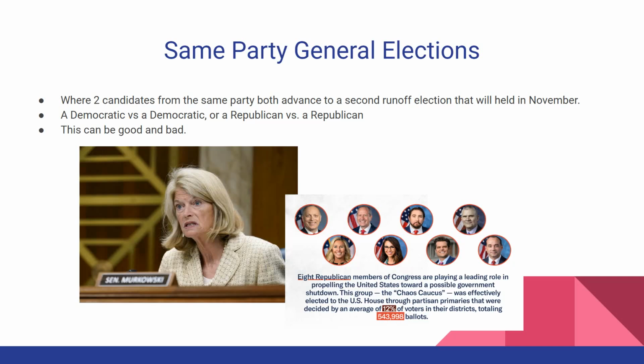Same-party general elections can be both good and bad. So let's discuss some of the good effects of same-party general elections.